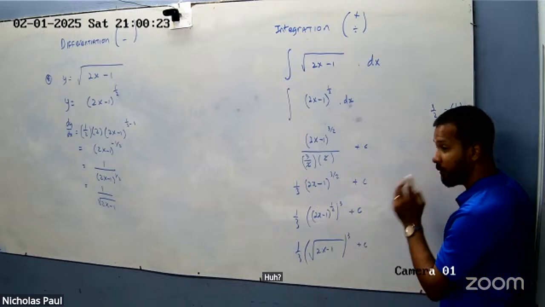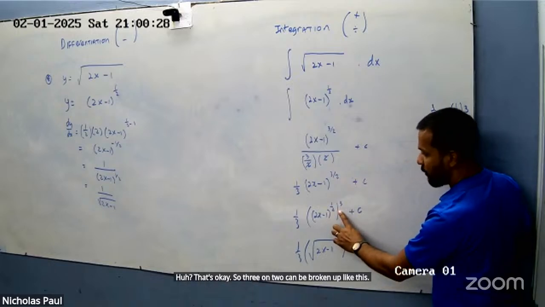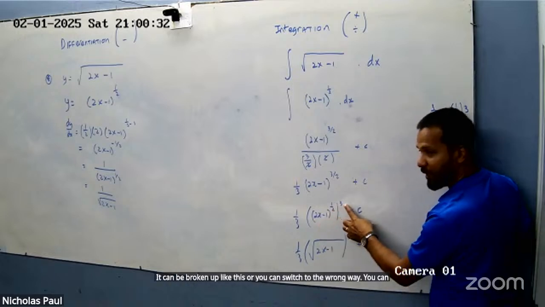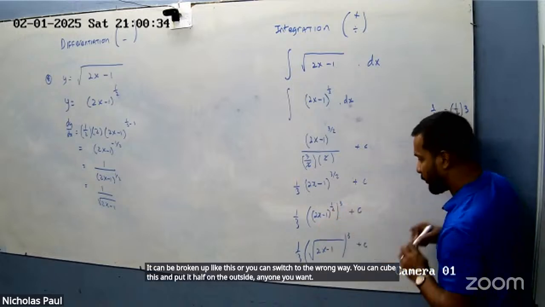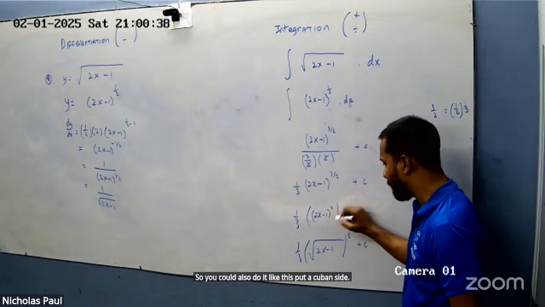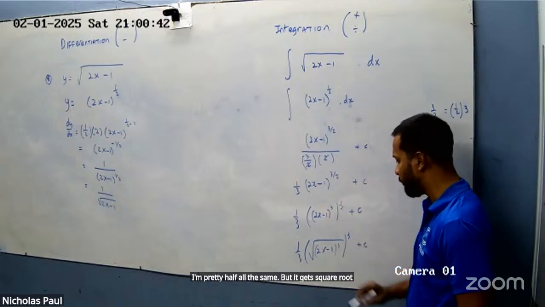So 3 on 2 can be broken up like this, or you can switch it around. You can cube this and put the half on the outside, whichever you want. Put the cube inside and put the half outside, so you square root the whole thing cubed.